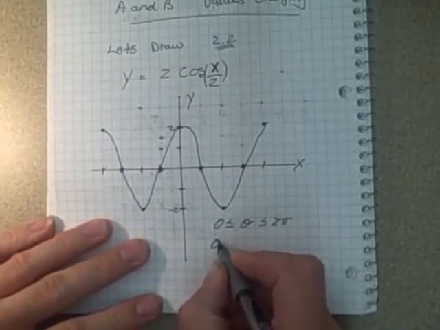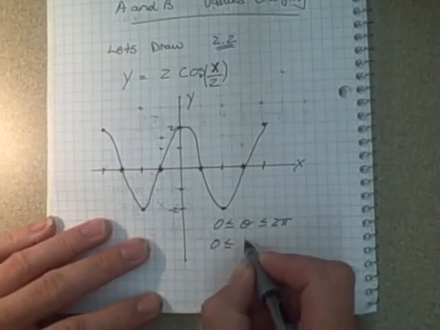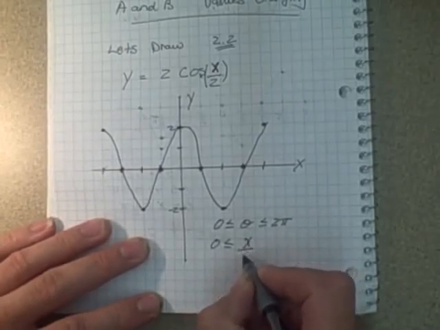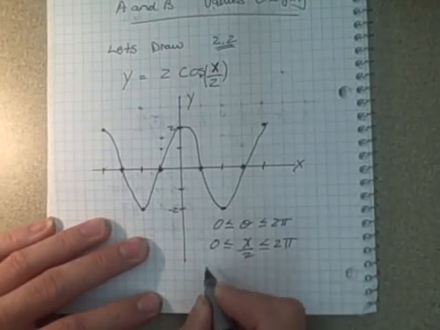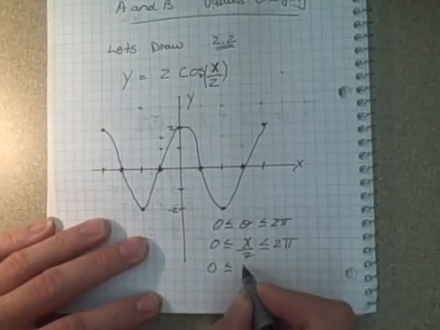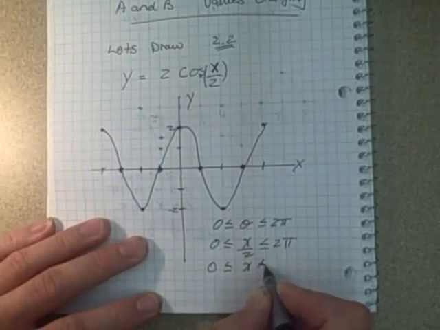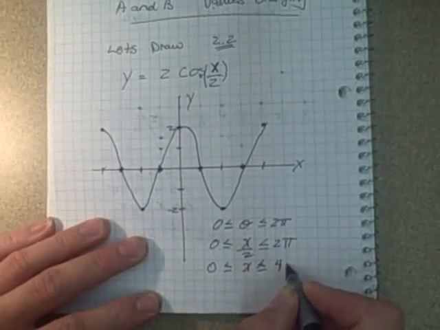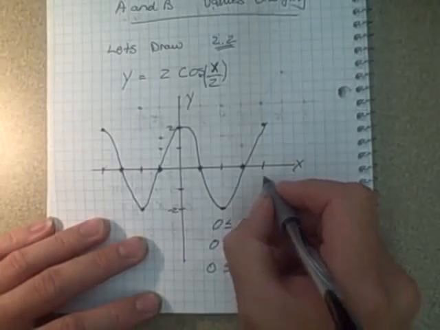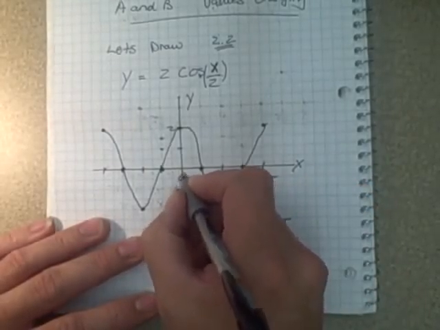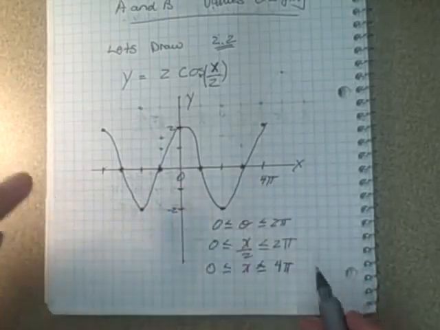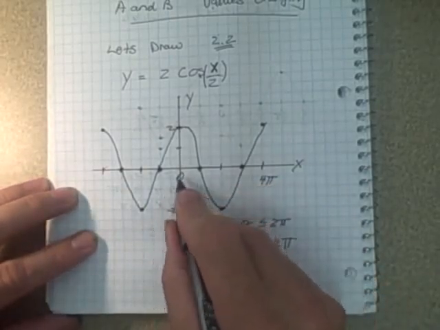In this case it would be x over 2, so we have to multiply everything by 2. So it becomes 4 pi here, and this is still 0 here. So what's halfway between 4 pi and 0? Well, that's 2 pi. Remember what I said last time?